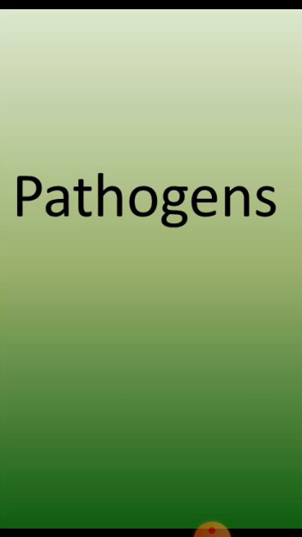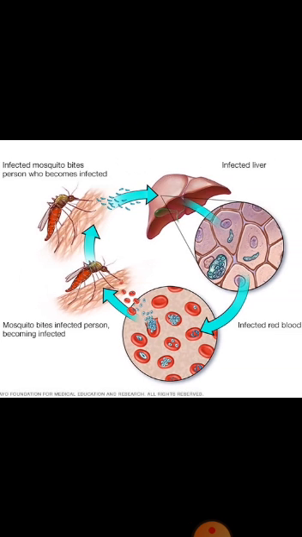Sometimes insects and animals are also responsible for carrying a disease. It means that if you take mosquito as an example, a mosquito only acts like a carrier. It only carries the pathogen from an infected person's blood to a healthy person.